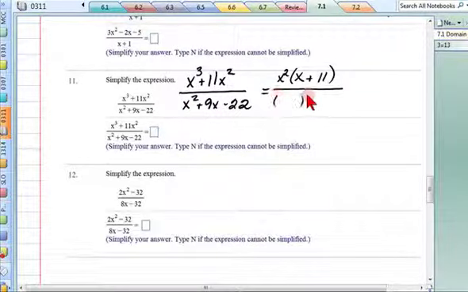Let's see. Can we use our little sneaky thing? What do you think one of the factors will end up being? X plus 11. I hope so. We'll see. I need 1 plus and 1 minus. I need an x and an x. Factors of 22 that have a difference of 9. 11 and 2. And sure enough, there's my 11 and there's my 2.